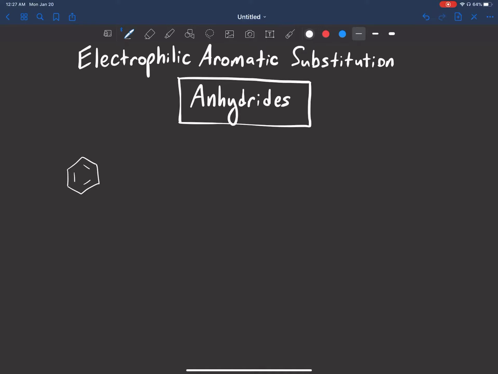We're going to react it with our anhydride, so it's going to look like this. Just methyls. And what we do is we put it over AlCl3, similar to when we're doing our Friedel-Crafts reactions.